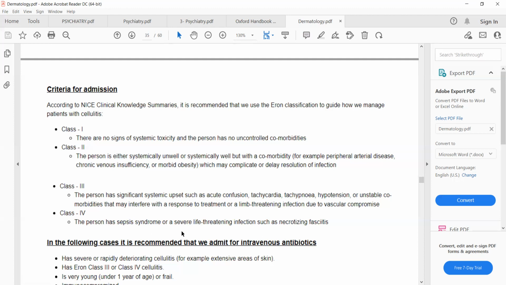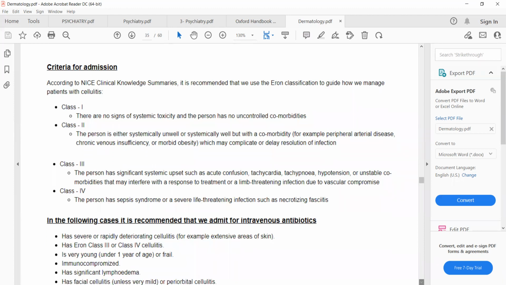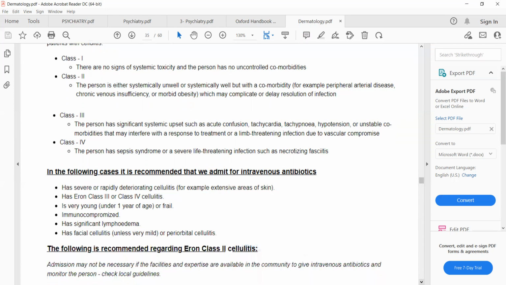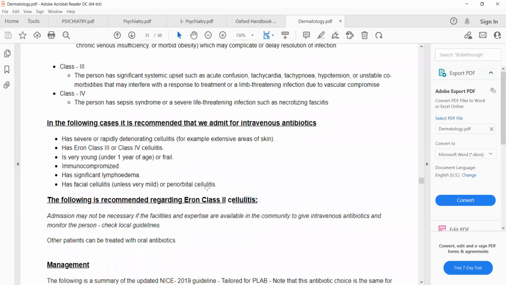The person has developed sepsis, which has led to some organ failures, then it will be known as class 4 cellulitis. So which patients do we need to admit for IV antibiotics? Remember that class 3 and class 4 cellulitis is admitted in the ward for IV antibiotics.